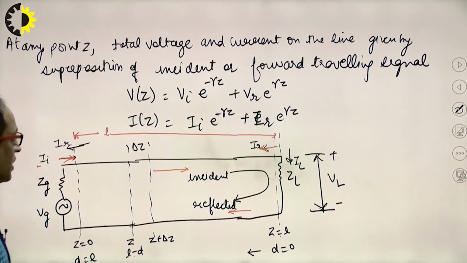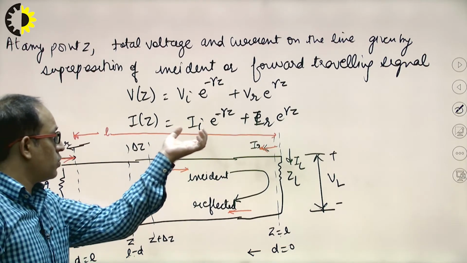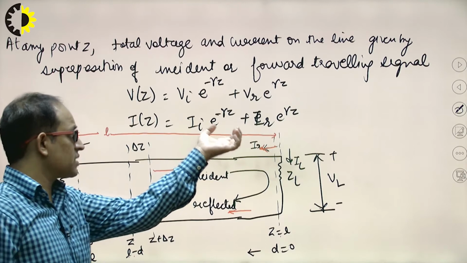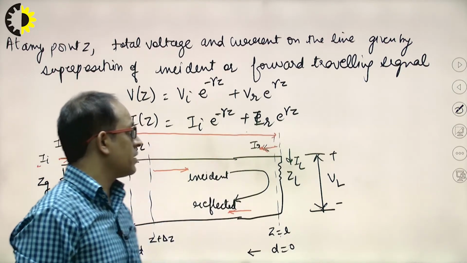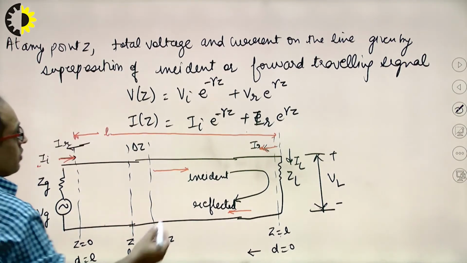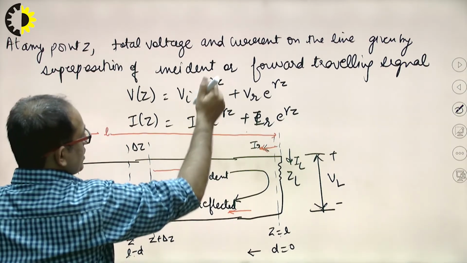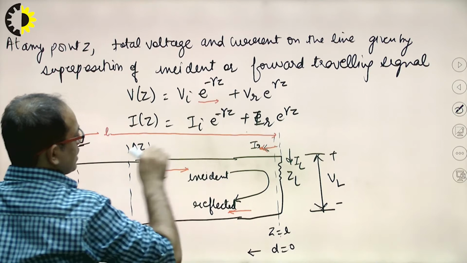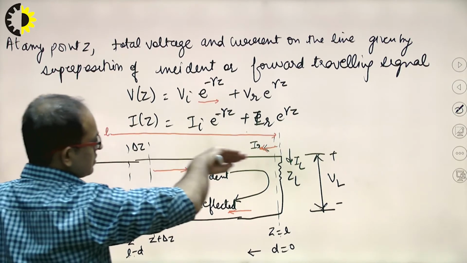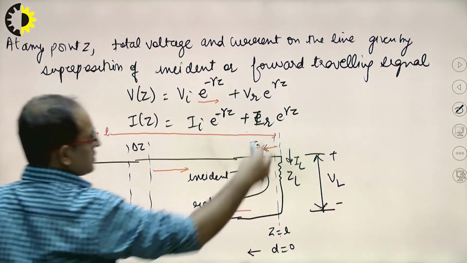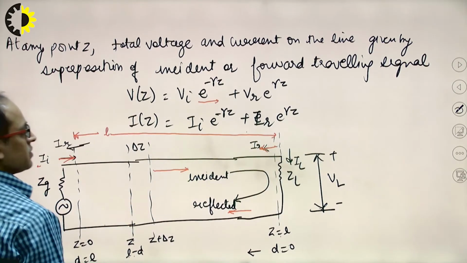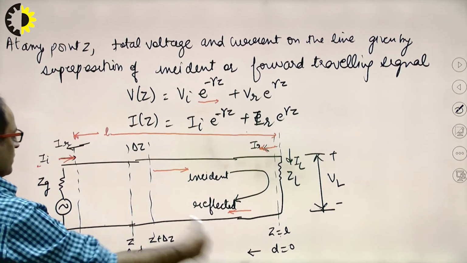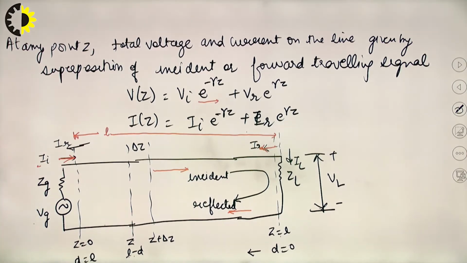Similarly, the current will be equal to incident current Ii e^(-γz) plus reflected current Ir e^(γz). Now this e^(-γz) represents that the voltage is in the forward direction, and this e^(γz) shows that the voltage is in this direction, from receiving end to the source end. Clear?